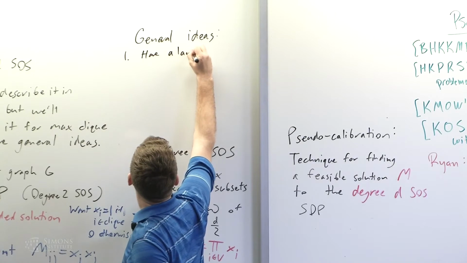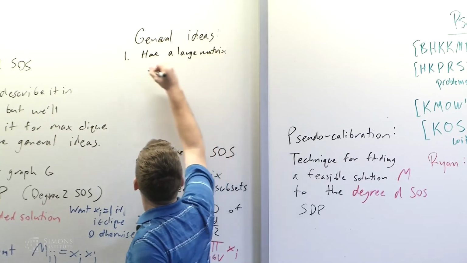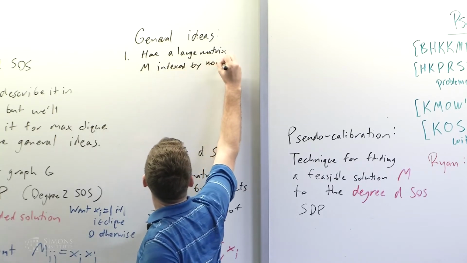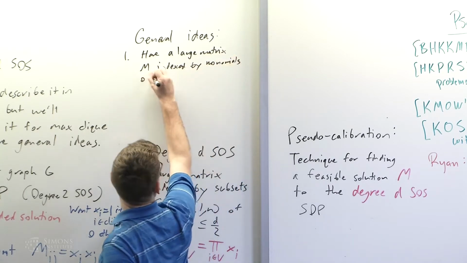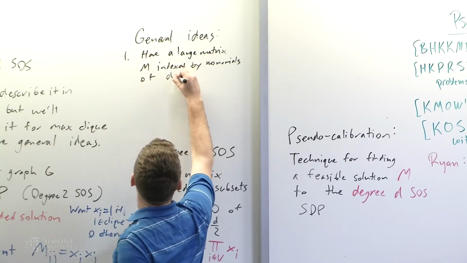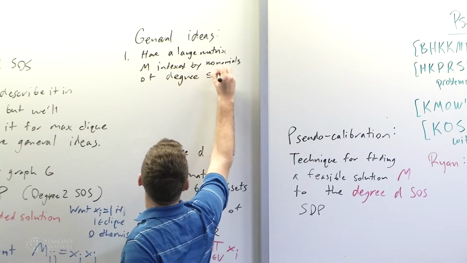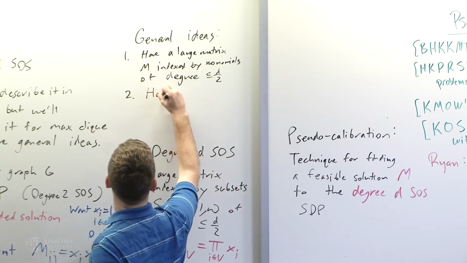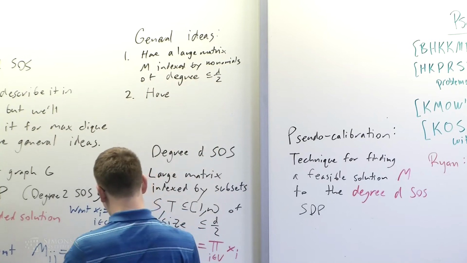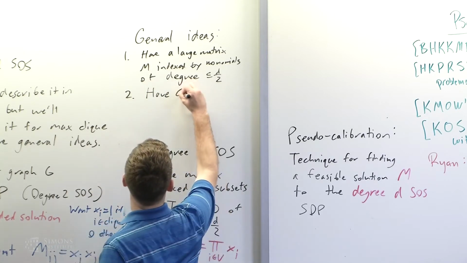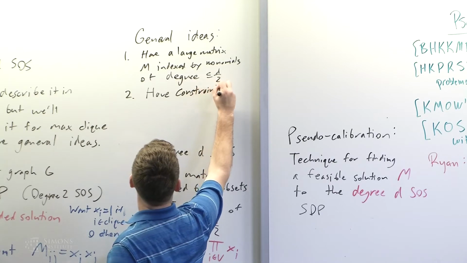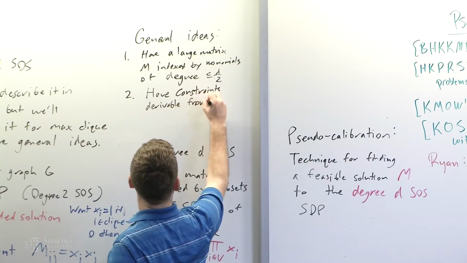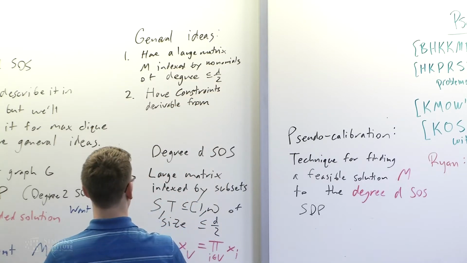Generally, you'll have a large matrix M indexed by monomials of degree at most d over 2. You'll have many constraints which you can derive from the intended solution.